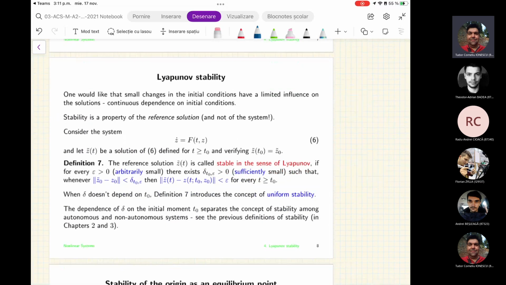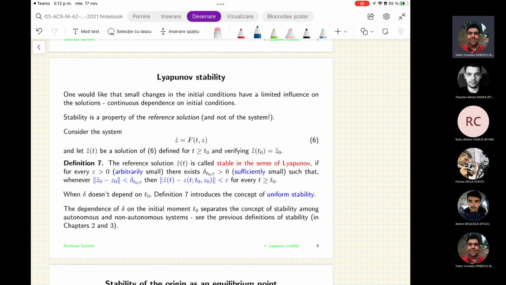And now we go to the very famous, probably you must have heard before, Lyapunov stability. Lyapunov stability is based exactly on this argument. One would like that small changes in the initial conditions should have a limited influence on the solutions. Okay? Continuous dependence on the initial conditions.